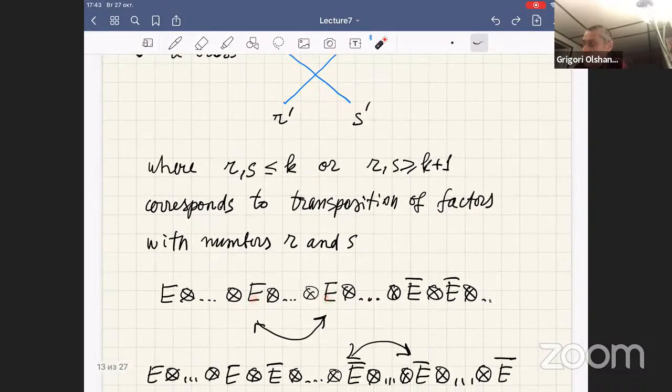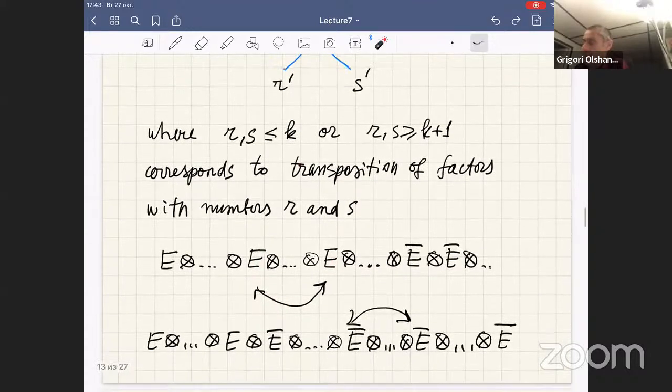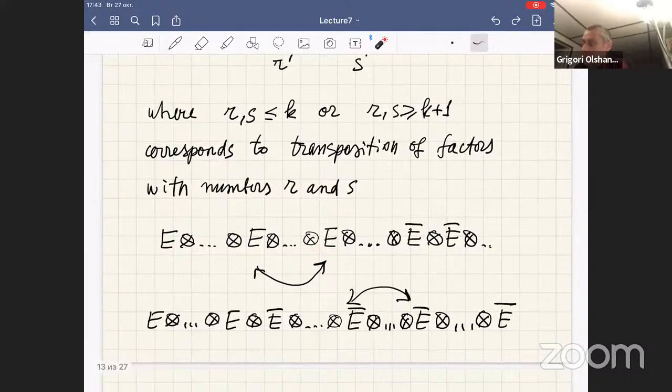So if they are white, we just transpose two copies, number R, say, and number S. This happens if these are two white nodes, and this happens if you have two black nodes, corresponding to the dual space.